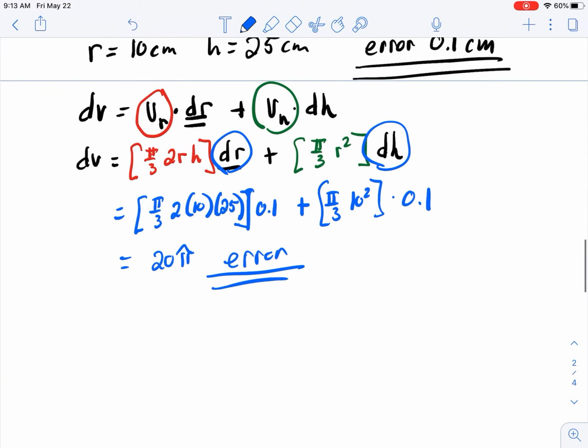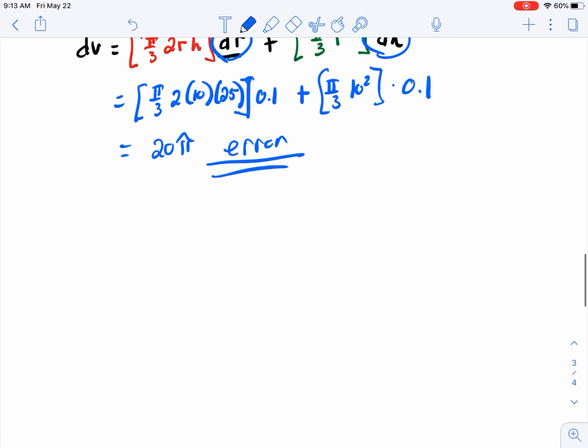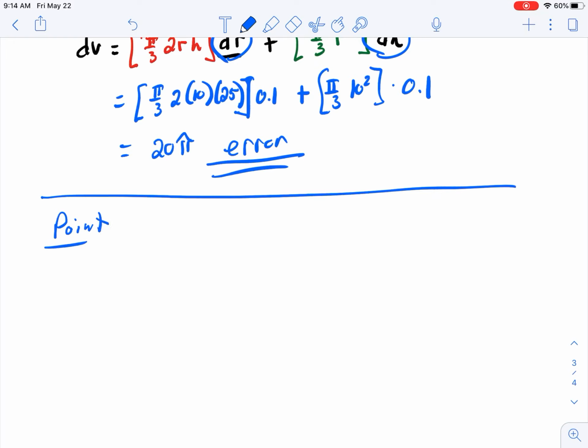Now, let's use this in terms of the equation of a line. How do you write an equation of a line? Well, you need a point and a slope. So let's find the point, and again, we're using the same equation here. My point would be 10, 25. If I plug that in, my volume would be 2500 pi over 3.